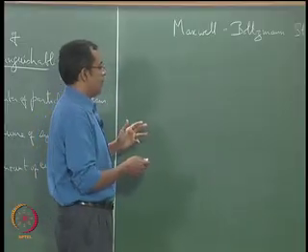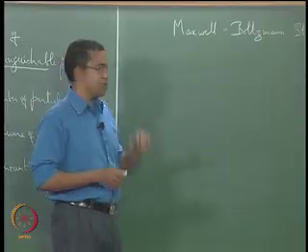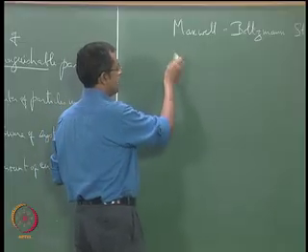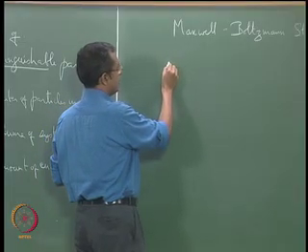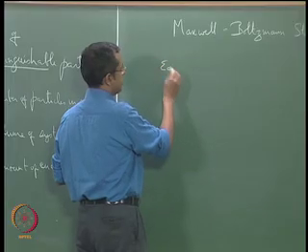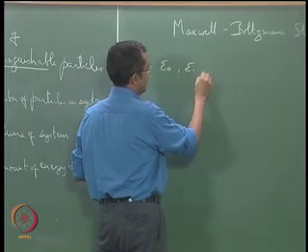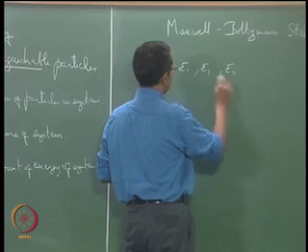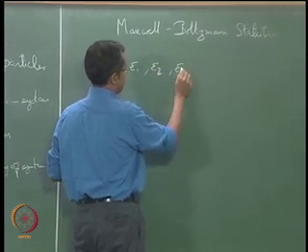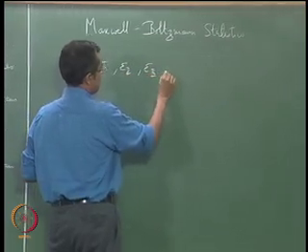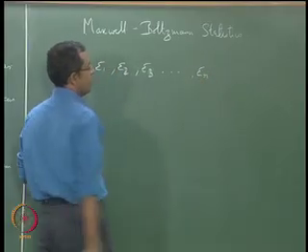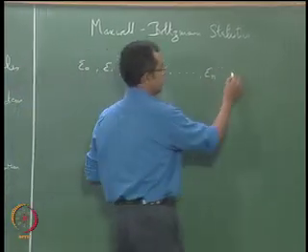So although our total number of particles is fixed and total energy is fixed, we have, let us say, within the system energy levels epsilon 0, epsilon 1, epsilon 2, epsilon 3, and epsilon r. These are energy levels available within the system.